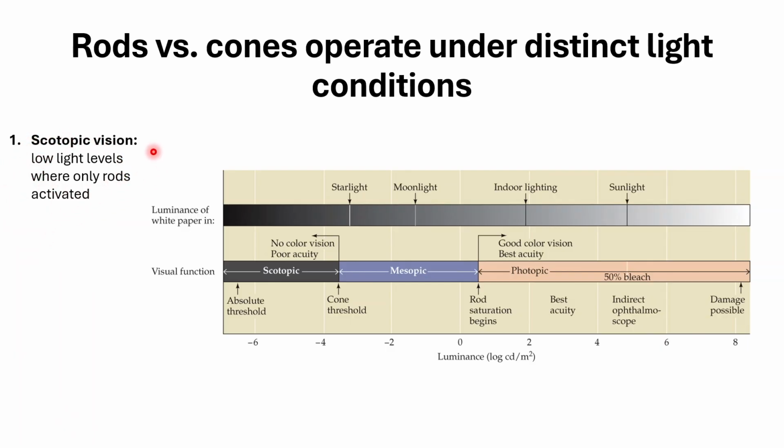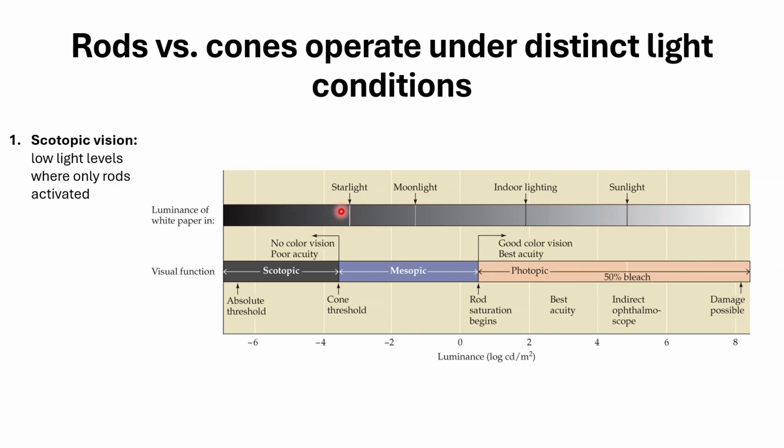This is where we have low light levels, and during scotopic vision the light is so little that we get very little to no activation of cones. So it's almost entirely rods that are going to be active in this low light vision. And this is typically going to be like starlight levels of intensity, like on a moonless night, where all you have out there are just stars, basically.